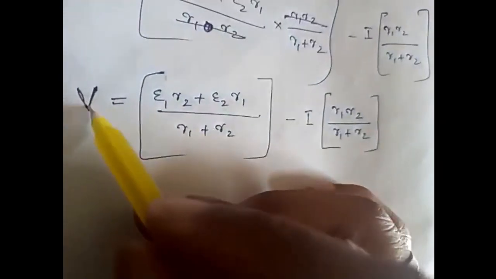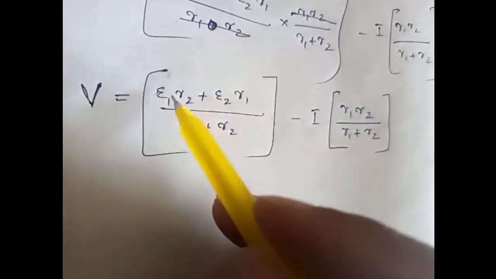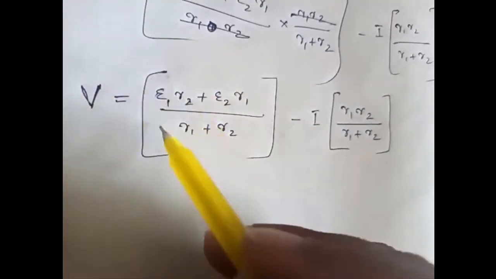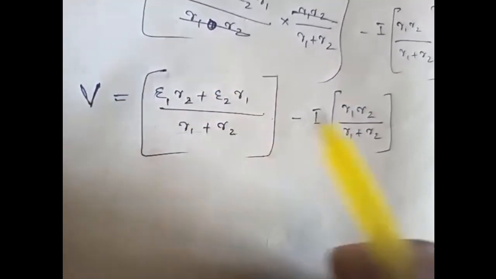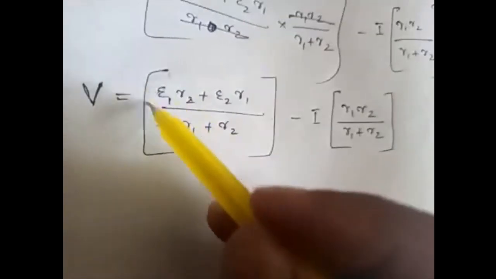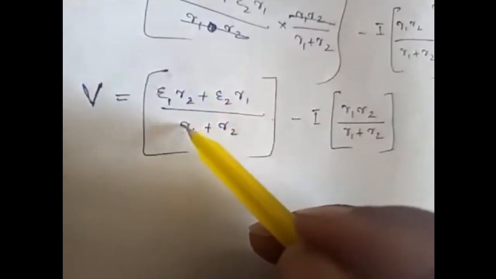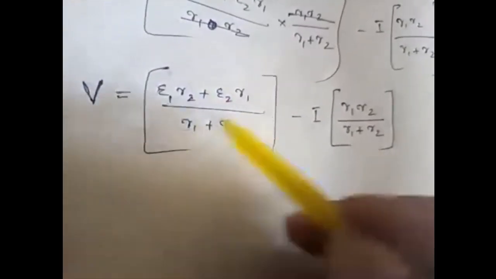Okay, so here also we can see that the potential is coming to be the EMF term, that is EMF into resistance divided by resistance term. So if we are seeing dimensionally also, this will be the EMF term, because the numerator is a resistance term and the denominator is resistance plus resistance, that is again a resistance term.